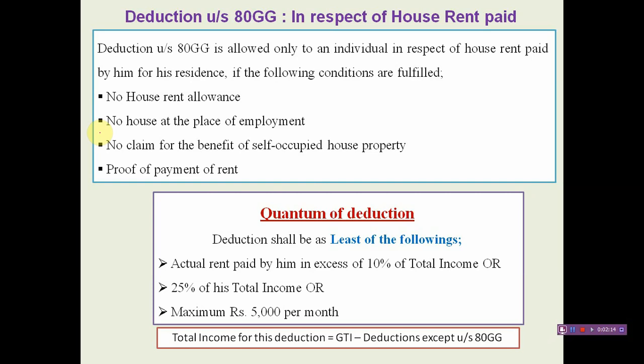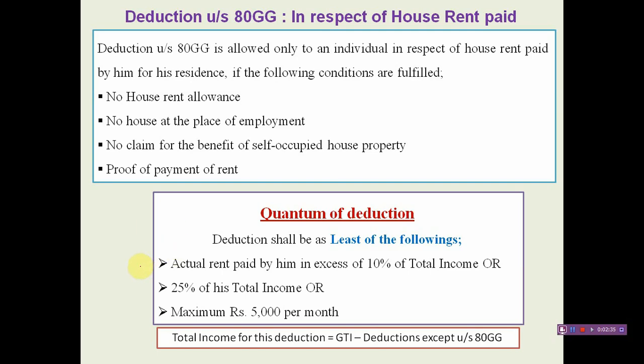And the last one is proof of payment of rent. If these four conditions are fulfilled by an individual, then he can get a deduction under section 80GG in respect of house rent paid.